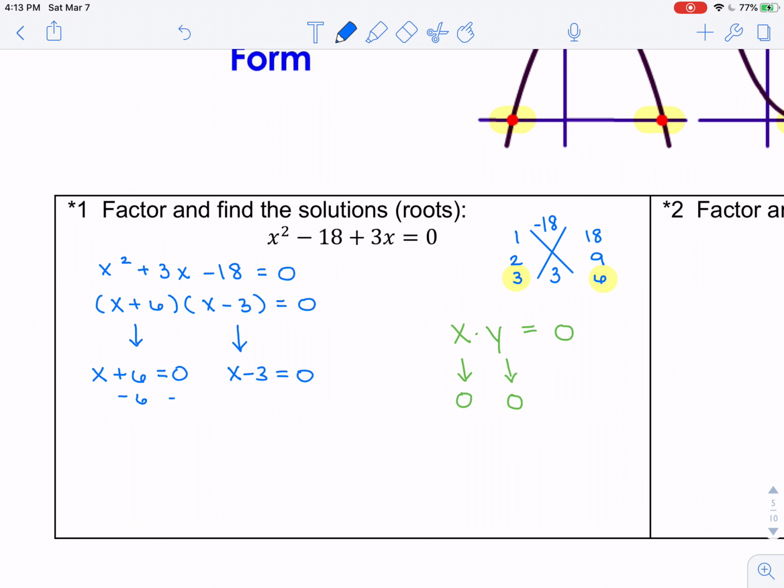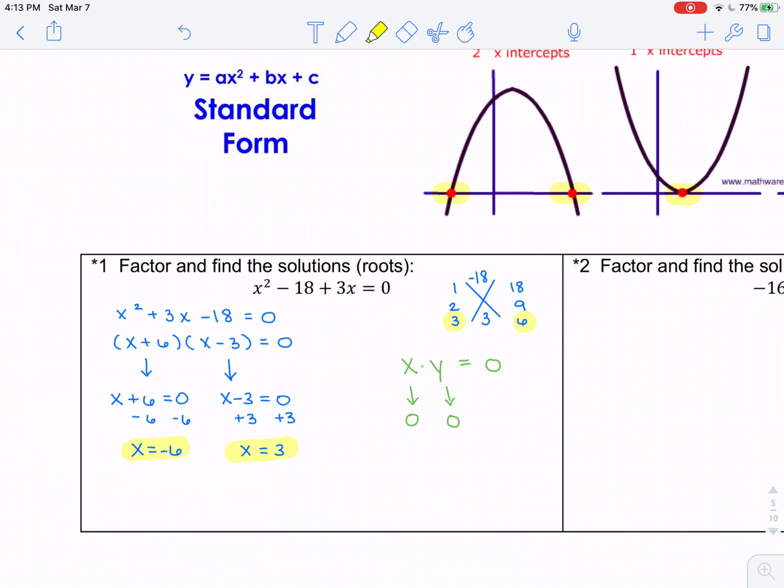I'm going to subtract 6 to the other side, so I get x equals negative 6. On this one, I'm going to add 3 to the other side, and I get x equals 3. That is my solution. So in going back to what our drawings are, this is like the image number 1. This parabola would have hit on two intercepts of the x-axis.